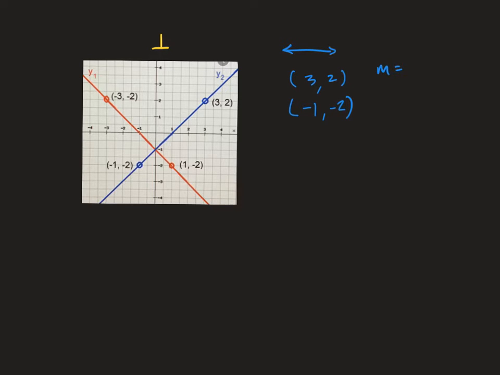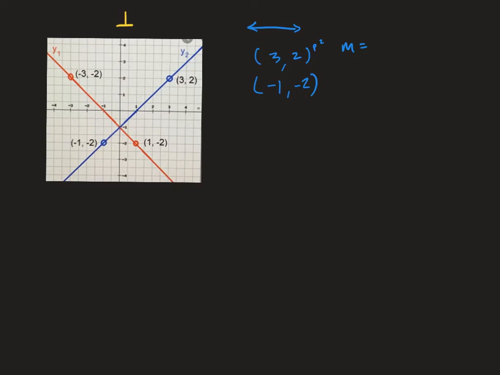If this is my point 2 and this is my point 1, then y2 minus y1 over x2 minus x1 gives me 2 plus 2 over 3 plus 1, which is 4 over 4, or 1. So my slope is equal to 1.